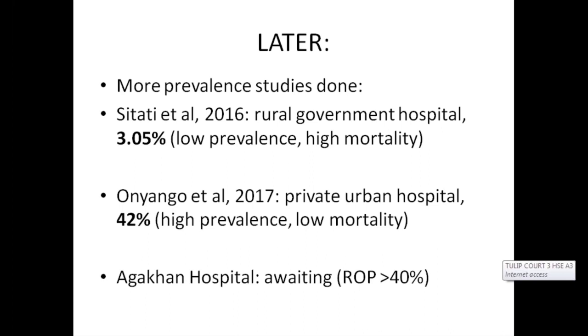We had another study also completed at around the same time by Onyango et al. Completed in 2017, done in a private urban hospital in Nairobi. And this one showed a high prevalence of RoP of over 40%. And this hospital was characterized by low mortality rates. A third study done at the Aga Khan Hospital is still awaiting publication, also showed a high RoP rate of over 40%.